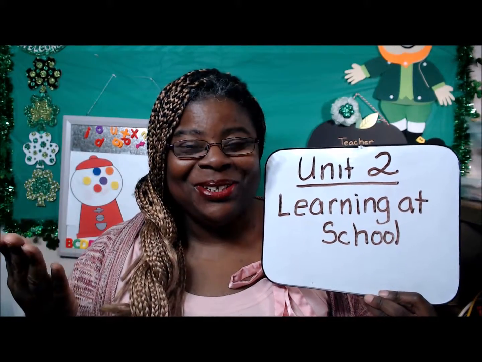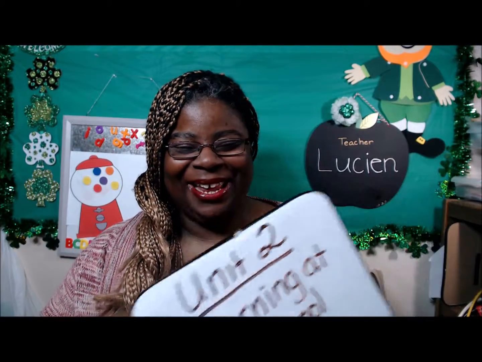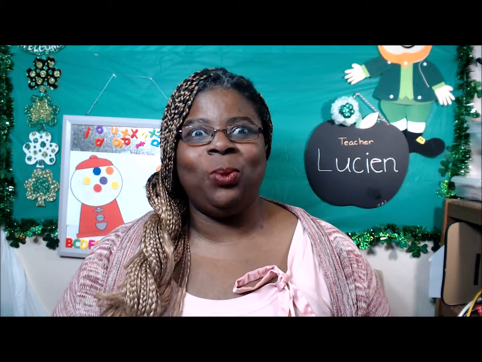Good. Unit 2, Learning at school. All right. So this unit is actually a trick. So those of you who are new to VIPKid, this is a nice way to get the students used to their online environment. It helps them with learning at school as well, but you know, when they're having technical difficulties, they know what a mouse is.